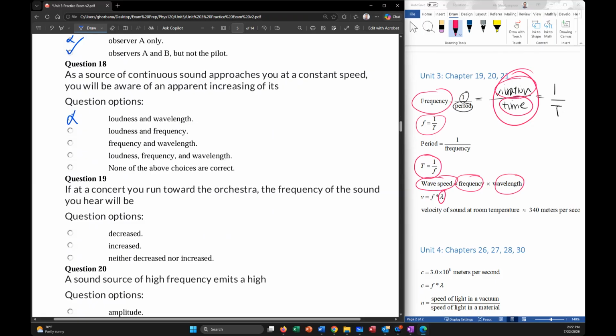Loudness and frequency, yes, this is the right answer. Frequency and wavelengths are not both increasing. Just the frequency increases and wavelengths decrease. So again, loudness increases, frequency increases, but the wavelengths decrease. So none of the above is wrong. The only right answer will be loudness and frequency.